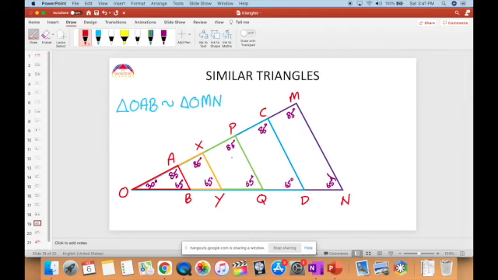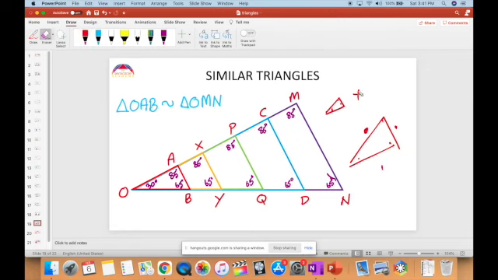But they will be proportionate to one another. What that means is I could take this triangle, multiply it by 2, and I'm going to have this triangle. How does it work? The angles of both triangles are exactly the same. It is the sides that are multiplied by 2.